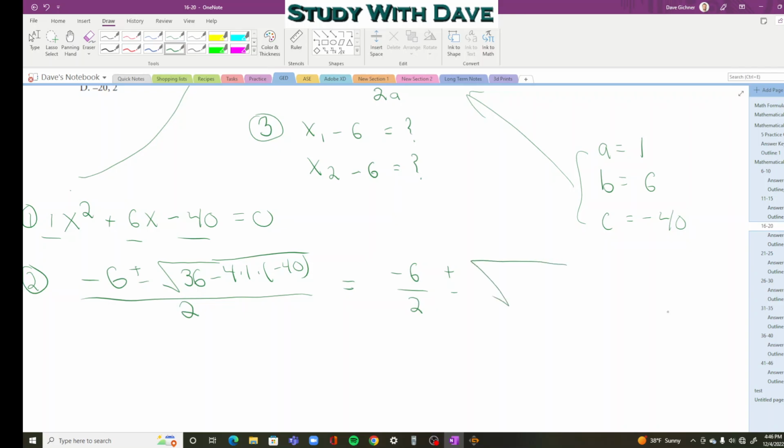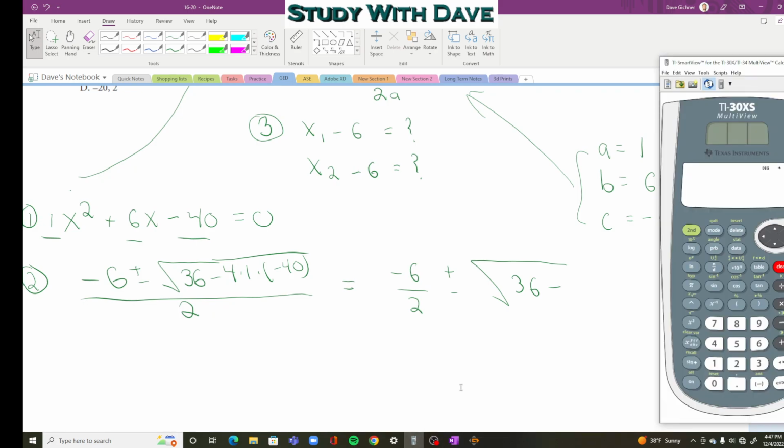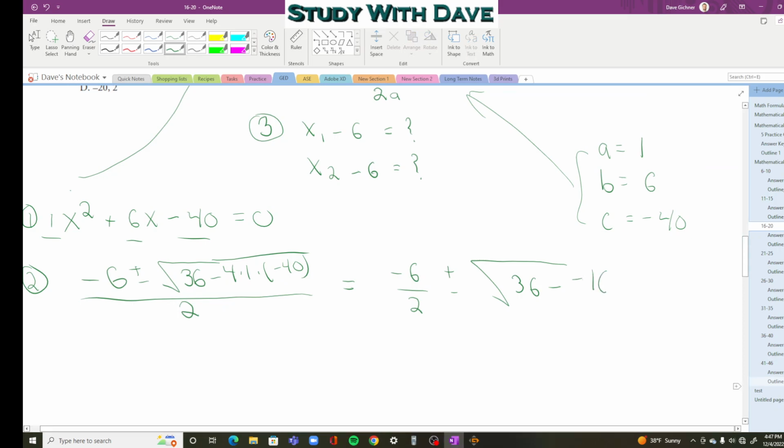So this is going to be 36 minus, let's bring out our calculator for this one. 4 times negative 40 is going to be negative 160, all over 2. So let's bring this down here. That's going to be negative 3 plus or minus, well, let's see what 36 minus negative 160 is.